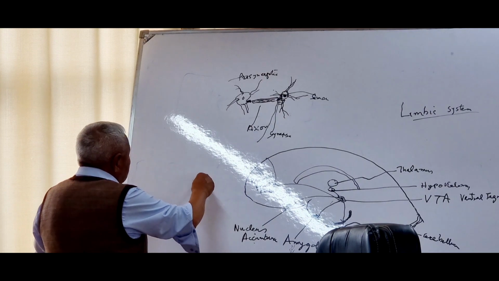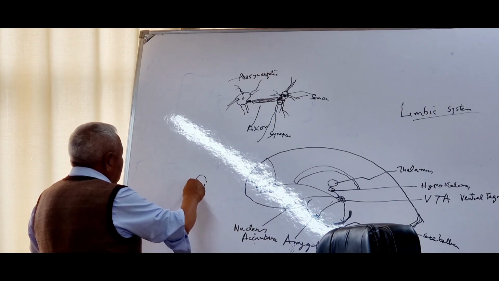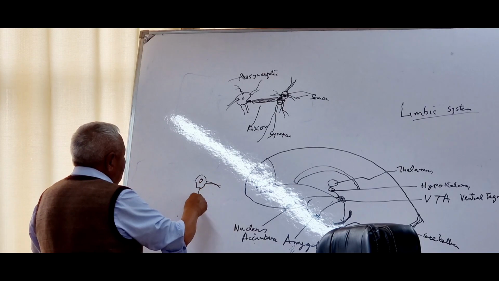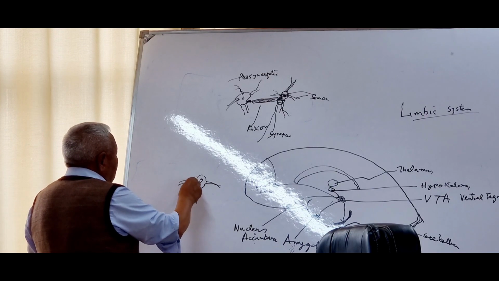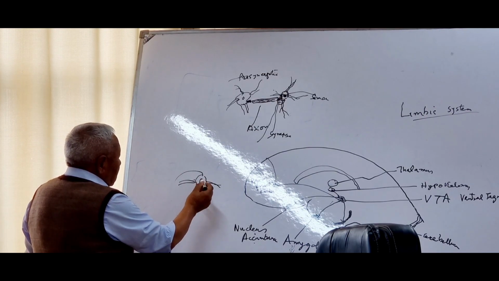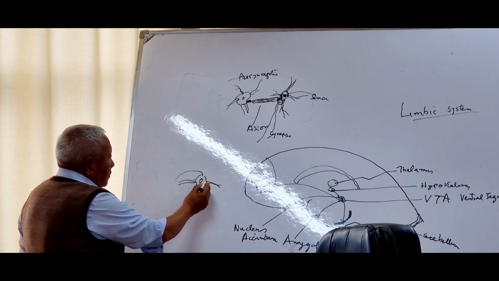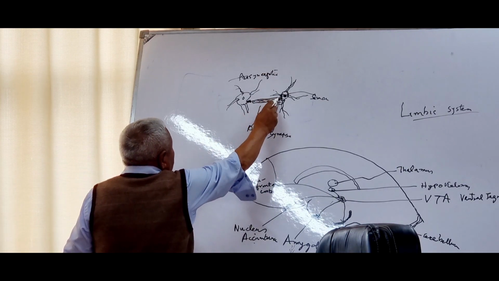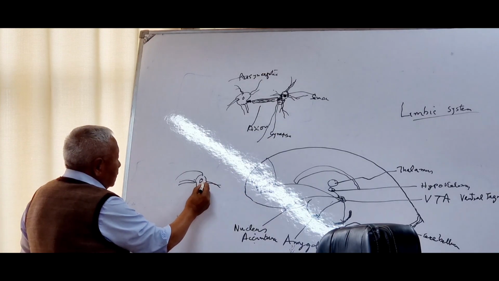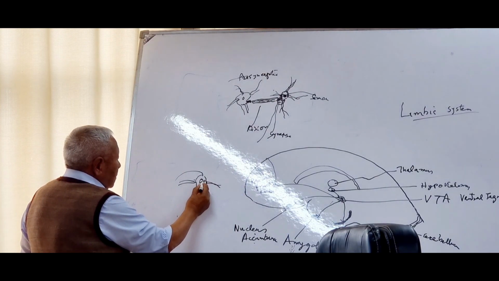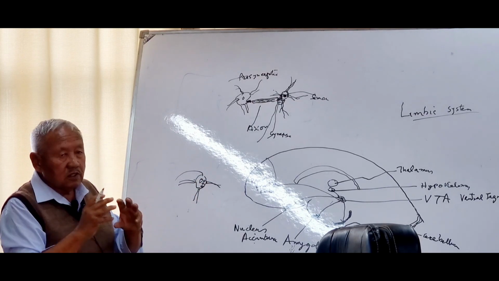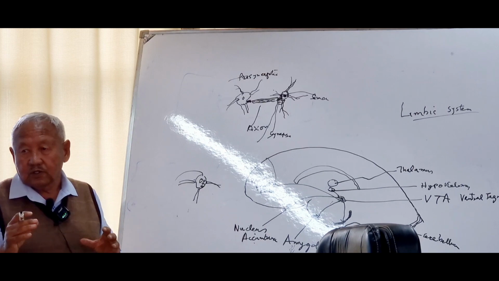So if it is the neuron here, at this border, there are a number of vesicles. In these vesicles are enclosed the neurotransmitters.